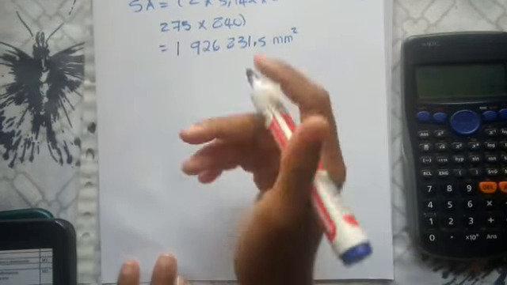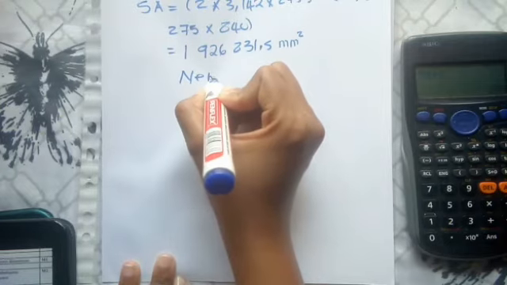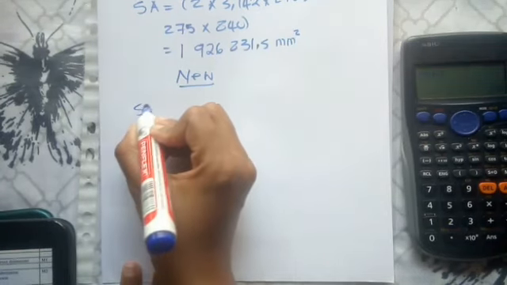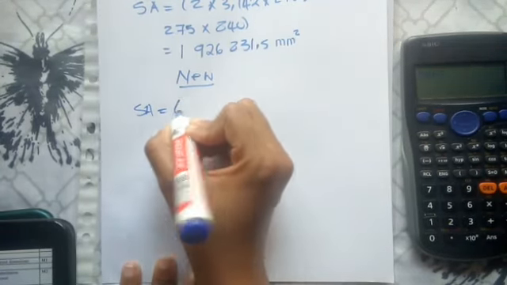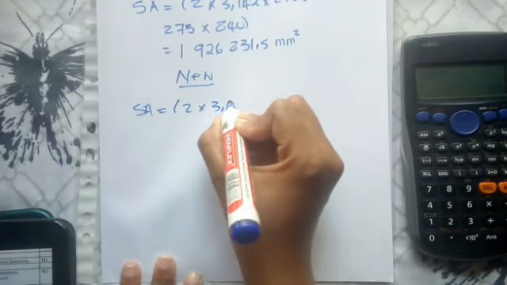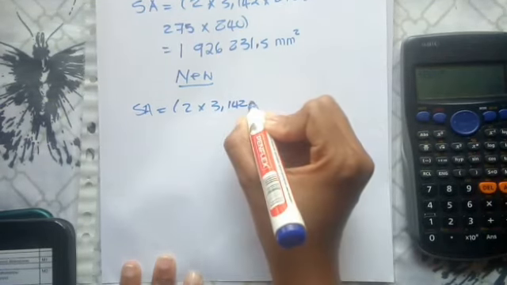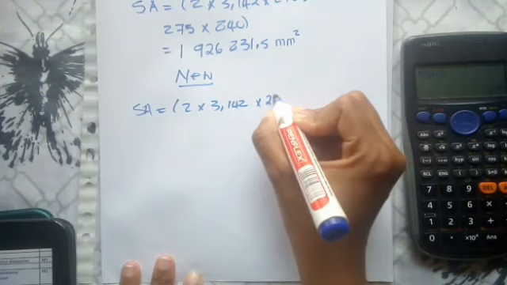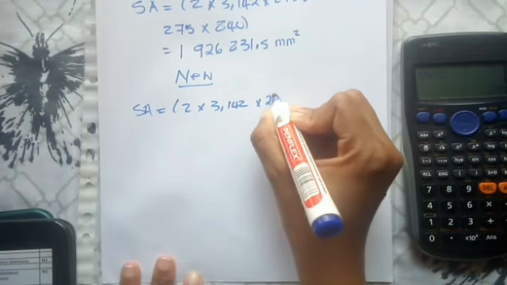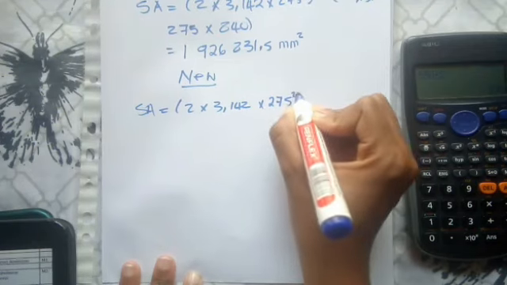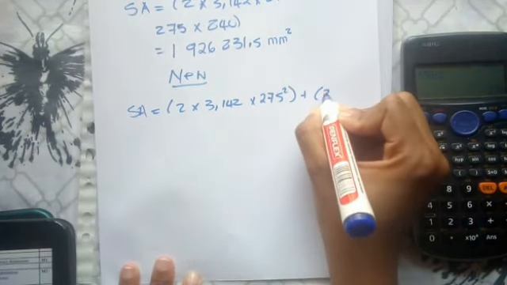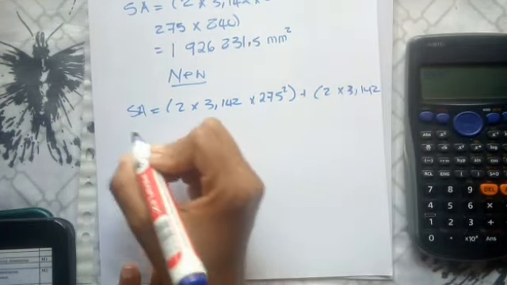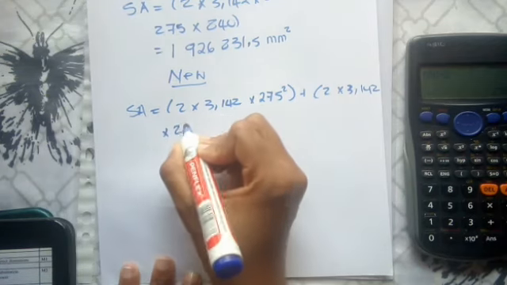We move on to the surface area of the new geyser, the 200-liter geyser. We again substitute 2 times 3,142. We use the same formula, and they had the same diameter, so that means their radius is also going to be the same. 550 divided by 2, you are still going to get 275 squared, plus 2 times 3,142 times the radius, that is still the same.